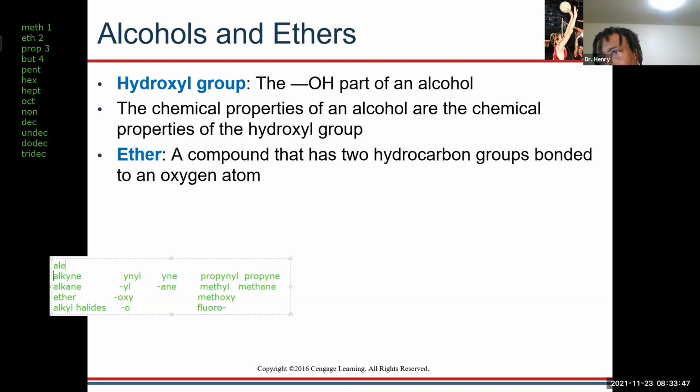Then we have alkenes. Okay, now before that, we have alcohols.